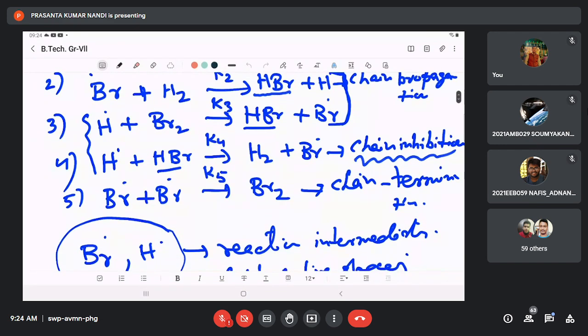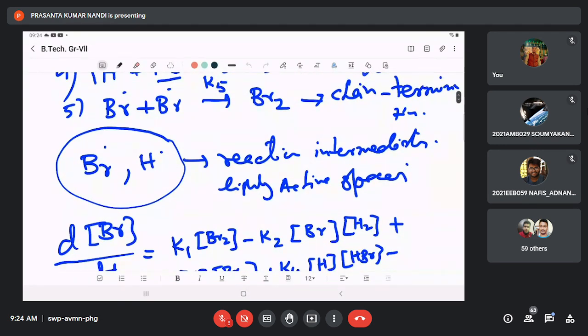Okay. Now look, bromine and hydrogen radical that are intermediate species produced here, they are called reaction intermediates and they are highly active species.